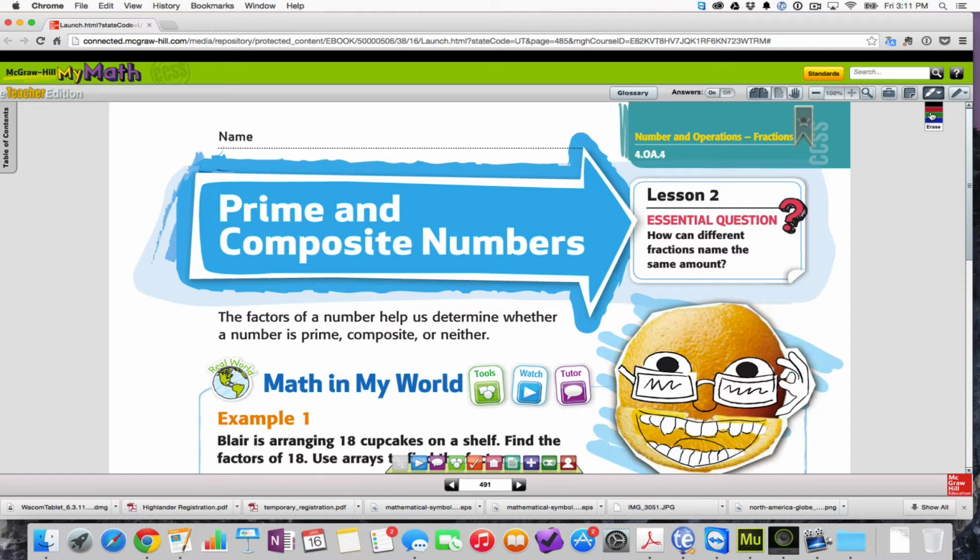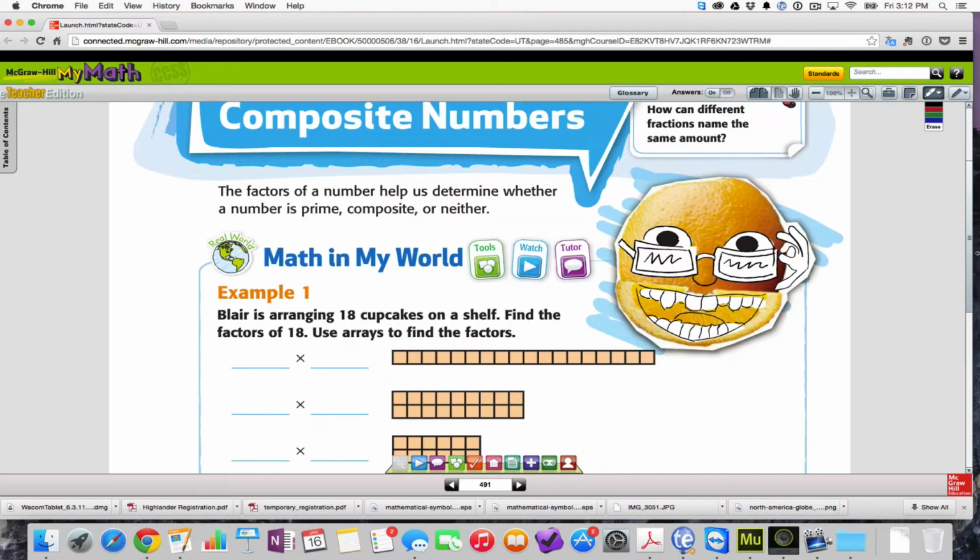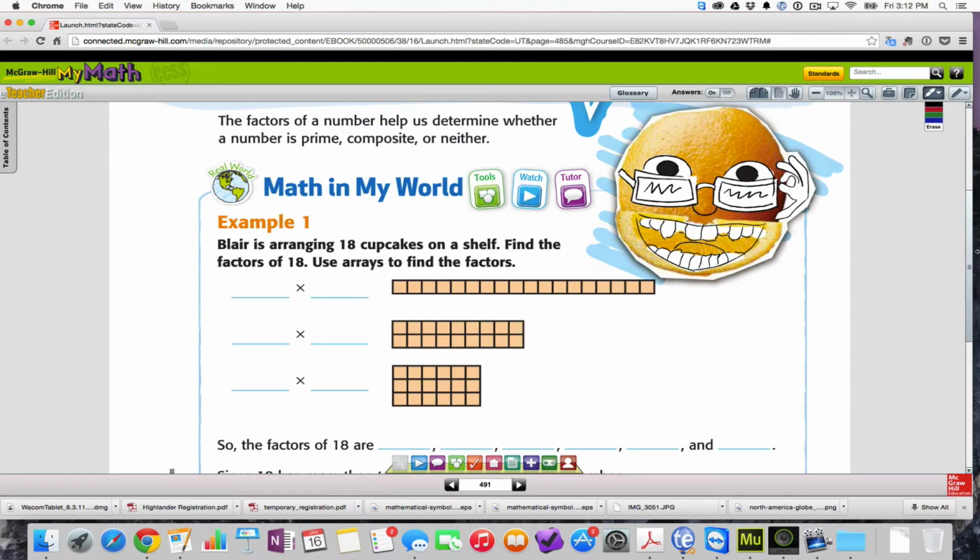As we get into fractions, you're going to see how understanding multiples and factors of numbers, and how prime and composite numbers, is very helpful in working with fractions. The factor of a number helps us determine whether a number is prime, composite, or neither.